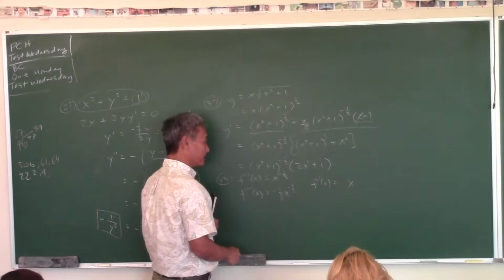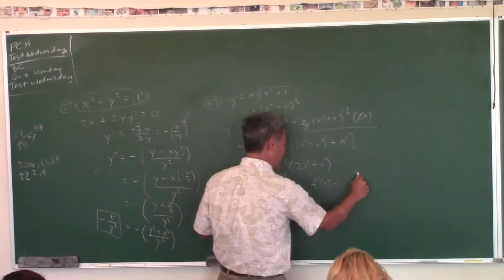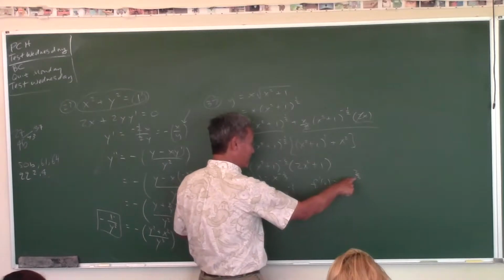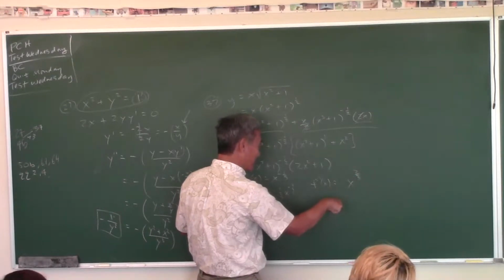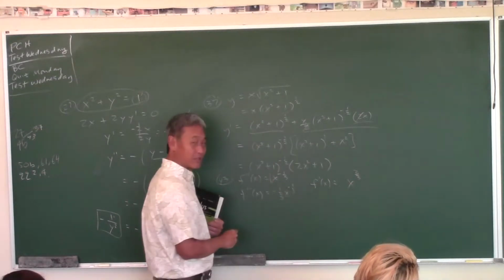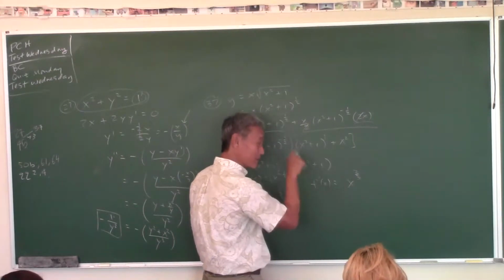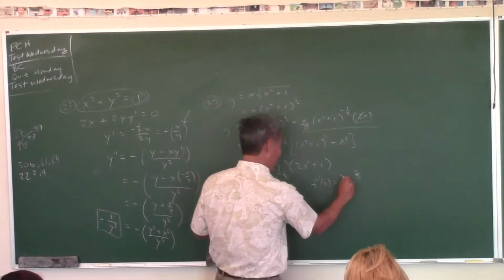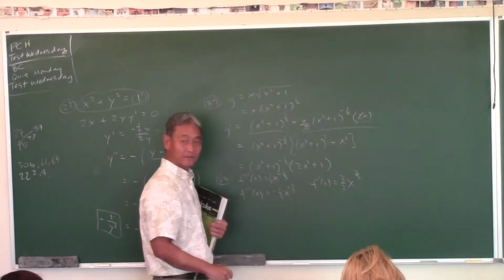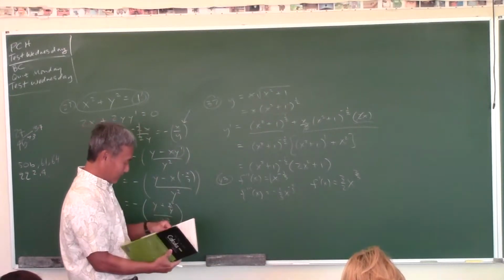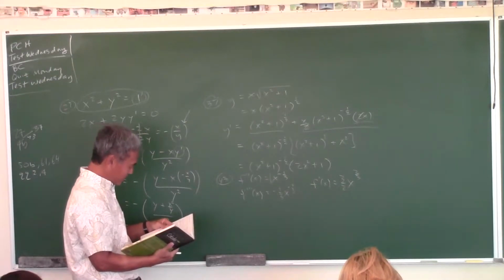X to the 2/3. But if I put the 2/3 in the front, it has to somehow cancel out because the coefficient is 1. So what has to be there to cancel it out? 3 halves. F prime of x is 3 halves x to the 2/3.